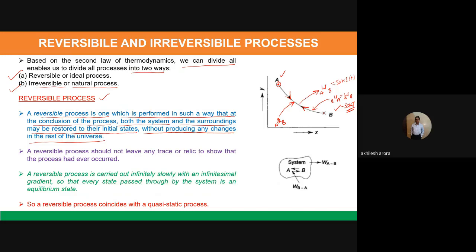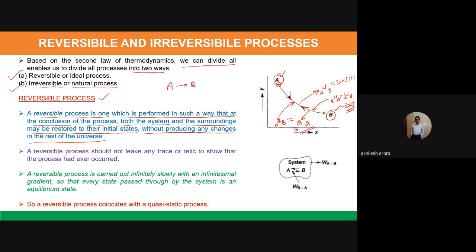And simultaneously, when the system is moving from B to A, heat is transferred which is equal to Q B to A, and the value of Q A to B is equal to Q B to A. So the system has undergone a process from A to B first of all.